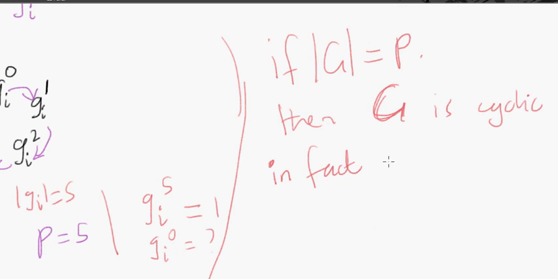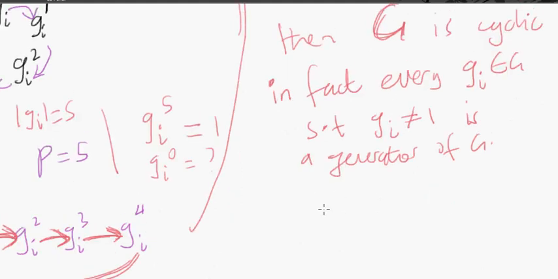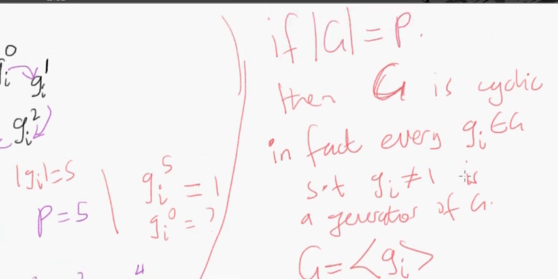In fact, every g_i in G such that g_i does not equal 1 is a generator of G. And we can write the group G as just the group generated by g_i. See if you're now able to prove this statement: if a group has prime order, then the group is cyclic, and in fact every non-identity element is a generator of the group.